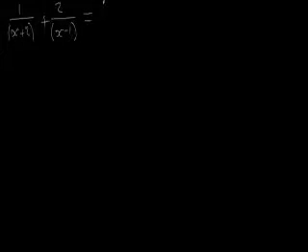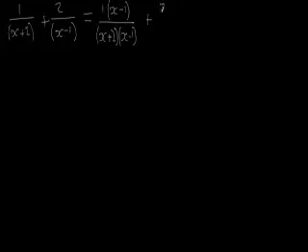So 1 lot of x minus 1 all over x plus 2 times x minus 1. This is added to 2 lots of x plus 2, sorry, wrong denominator, all over x plus 2 times x minus 1.